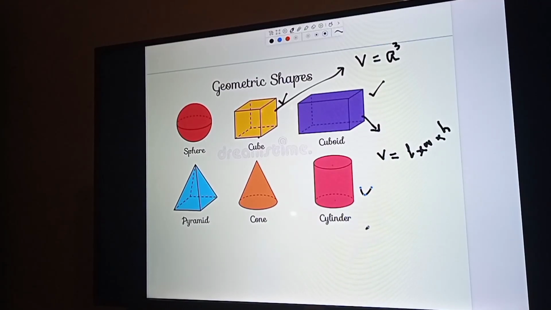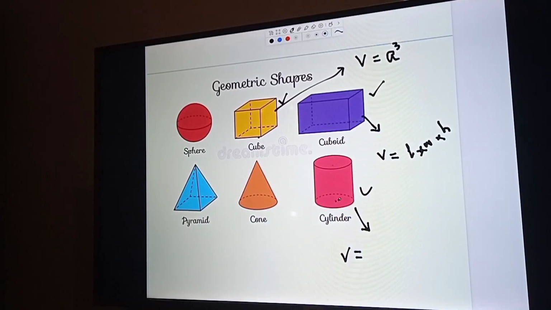Now to calculate the volume of cylinder, we proceed like this. Here volume is equal to circle area into height. This portion is of circle area.